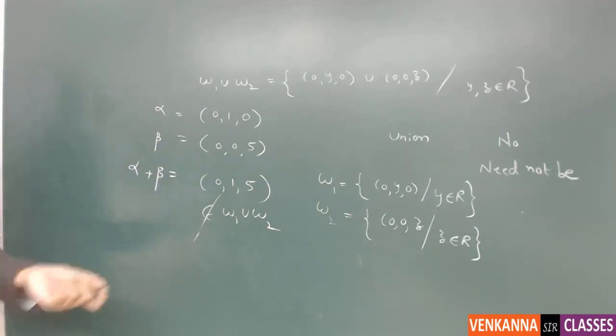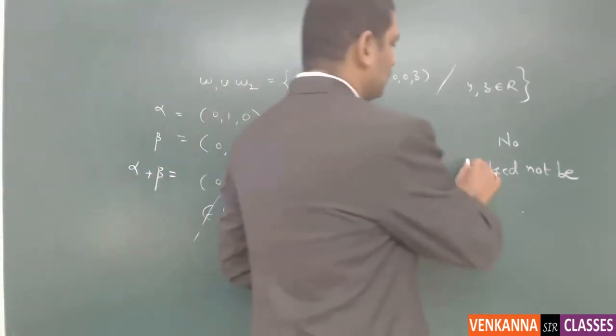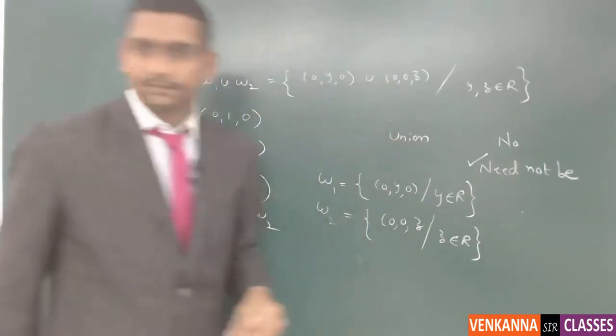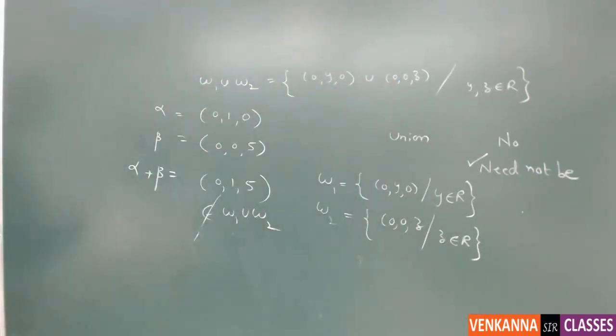So the union need not be a subspace always. But the union is a non-empty set. Always the zero vector, the origin (0, 0, 0), belongs to the union. So the union is a non-empty set, but it need not be a subspace.